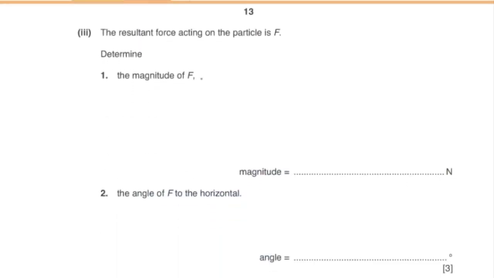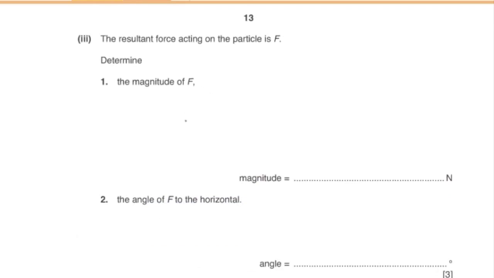Part 3, the resultant force acting on the particle is F. Determine the magnitude of F. There is a force that acts on the smoke particle towards the left, with a magnitude of 4 into 10 to the power of negative 15. This is due to the electric field. And then there is a weight that acts downwards, with a magnitude of 3.9 into 10 to the power of negative 15 newtons.